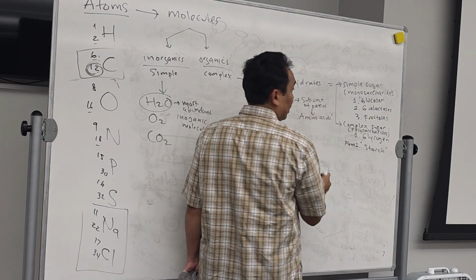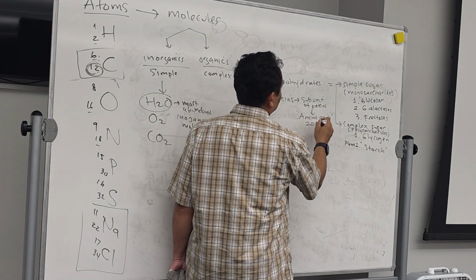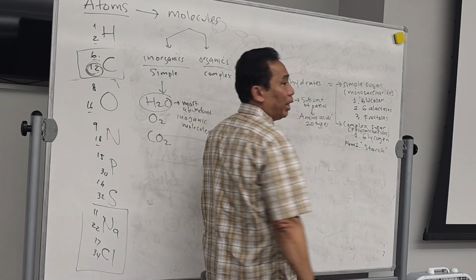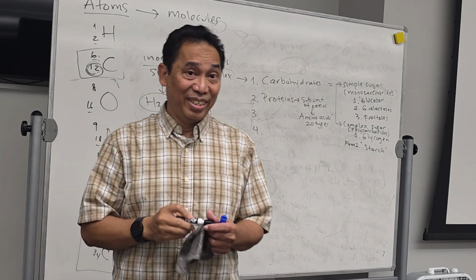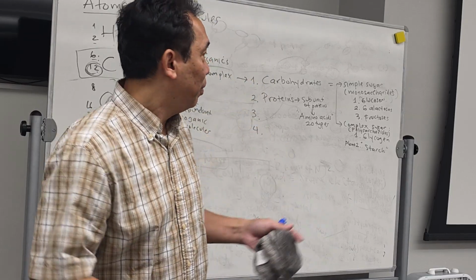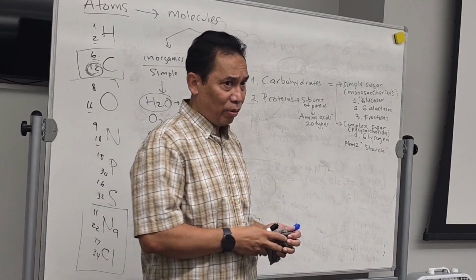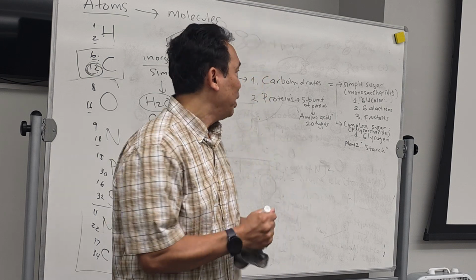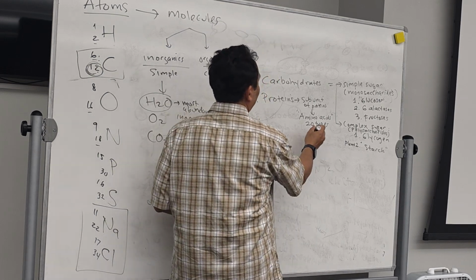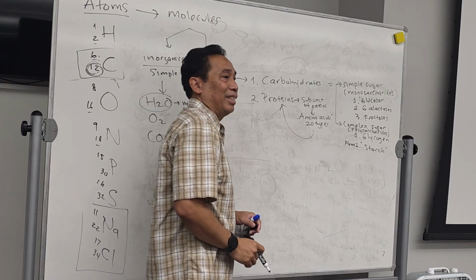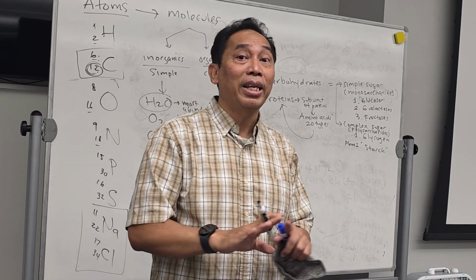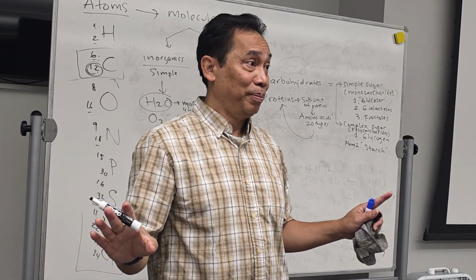Okay, amino acid. There are 20 types of amino acids in nature, and we have most of them in our body. We need most of them in our body, and these amino acids will create the proteins. So proteins actually consist of many amino acids.